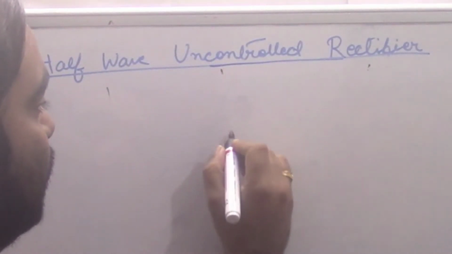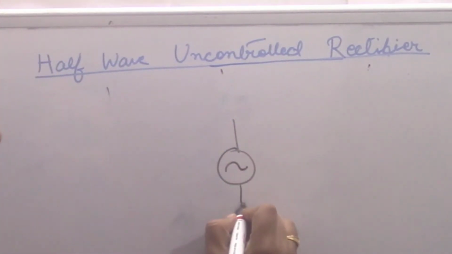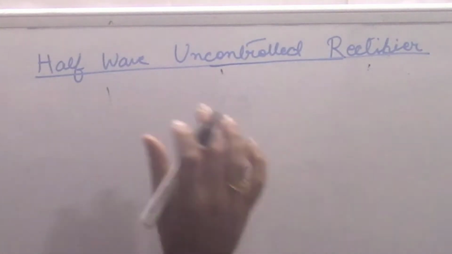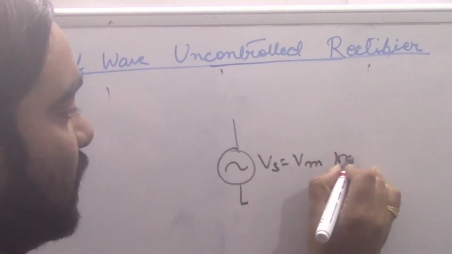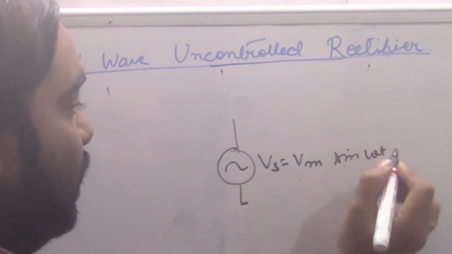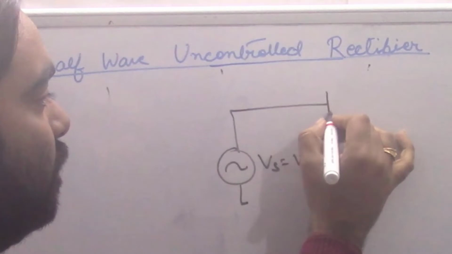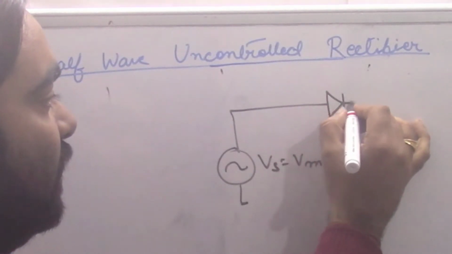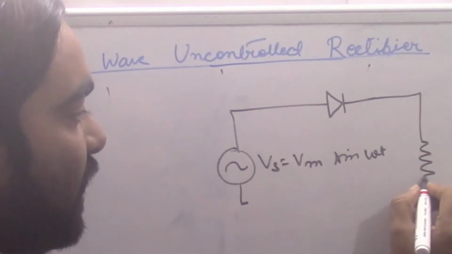Let's make a simple diagram of this. We are using an AC supply, Vs equals Vm sin omega t. Next, we are using a simple switch as a diode, and one resistive load is connected.